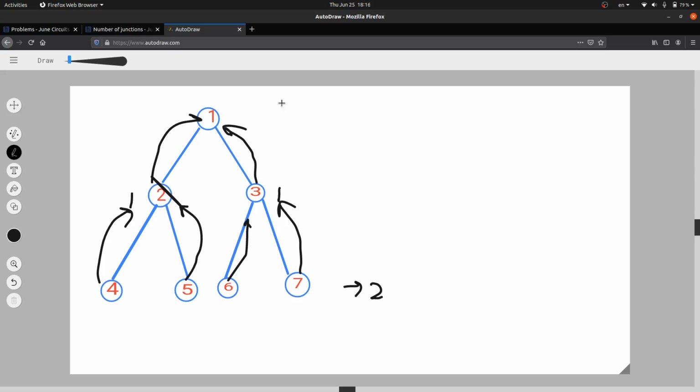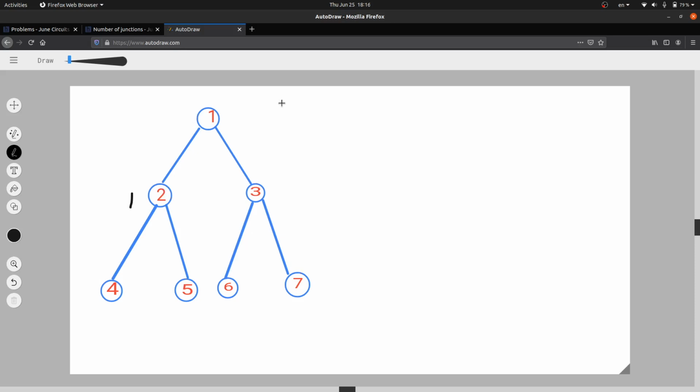Okay, so now you know the parent and the depth of each and every node in the tree. So how will this help us? Suppose you are required to find the path between this node and this node. By seeing the graph, you know that the path is this, but how will you find it with our current strategy, that is using the depth and the parent of each node?